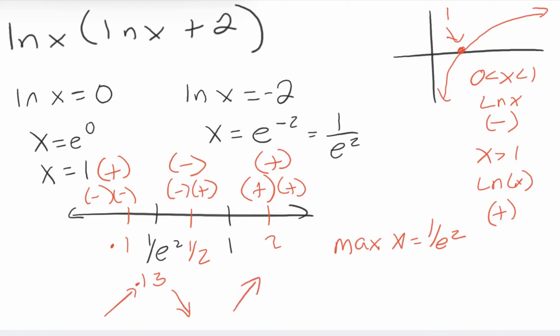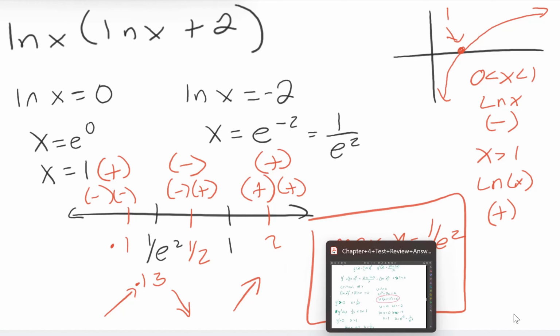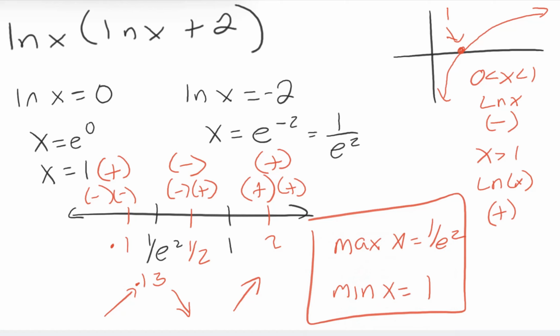And then it's increasing after that, so I have a min at x equals 1. Any questions?